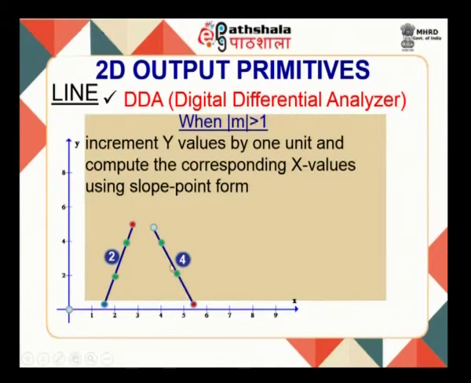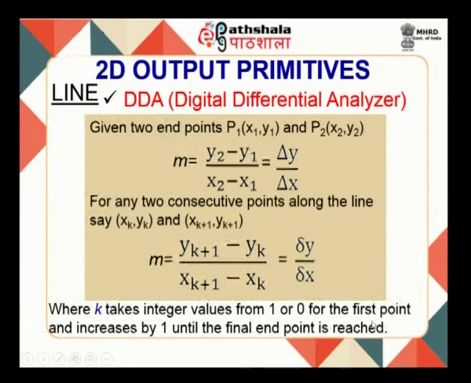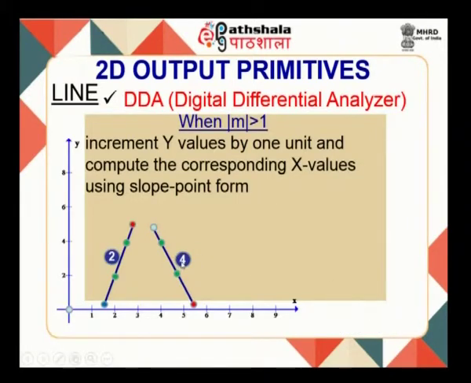Here x is increasing while y is decreasing. There is a mistake in this equation, so you can make it plus. The next x value is x k plus 1 by m, but the next y value is y k minus 1, because as you see here in line type 4, the x value is increasing while the y value is decreasing.